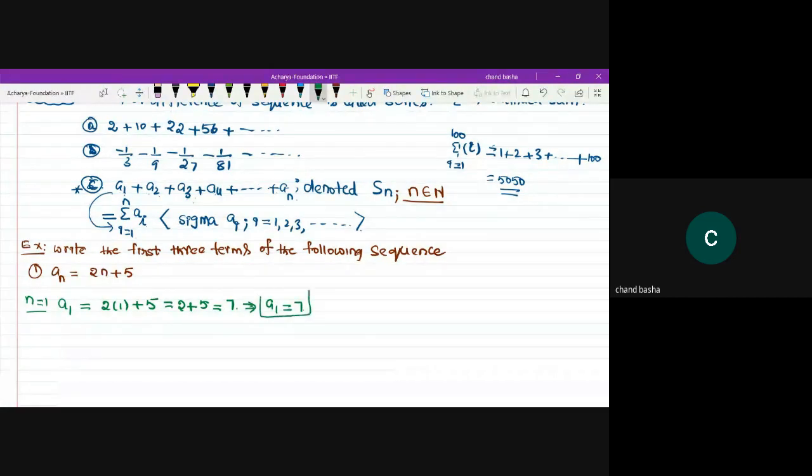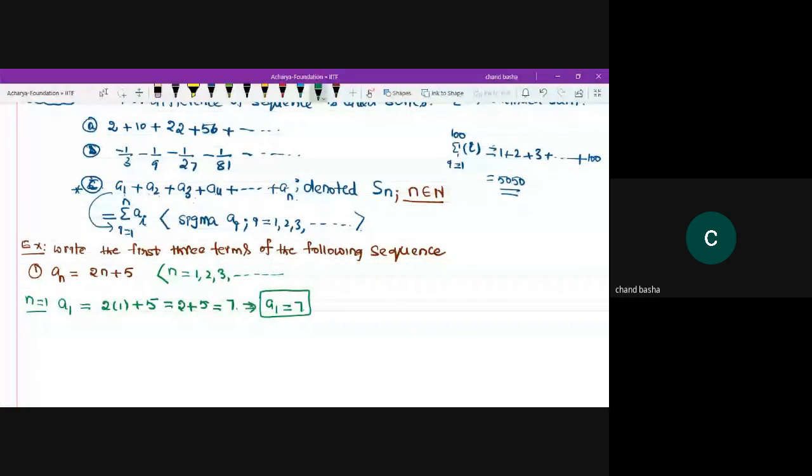First term is denoted by A1, or not? Because your n value is what? What is n here? Natural number system. As I said, n value is 1, 2, 3, 4, 5, 6, and so on. Sir, why are you taking only 1, 2, 3? Because in the sequence of numbers, the definition is given as the standard form.